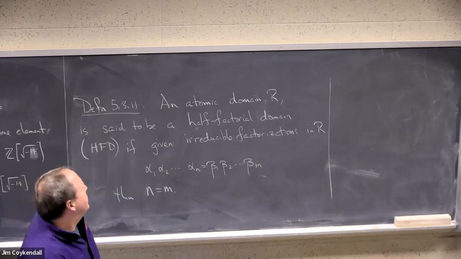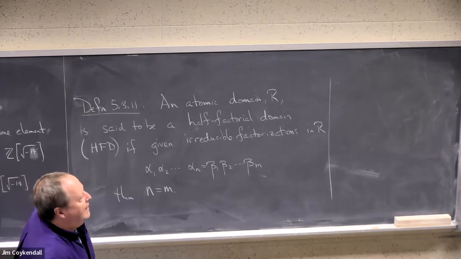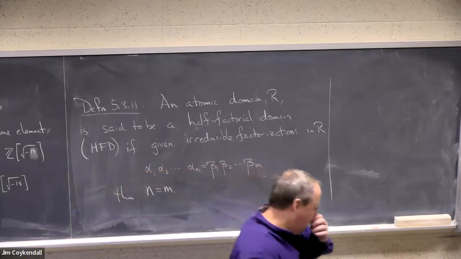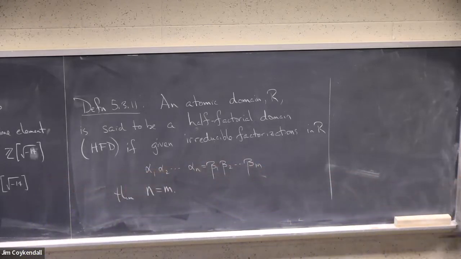By the way, the terminology half-factorial domain appeared in the literature for the first time in 1976, I think, and then in a follow-up paper, both by the same author, a guy named Abraham Zaks.